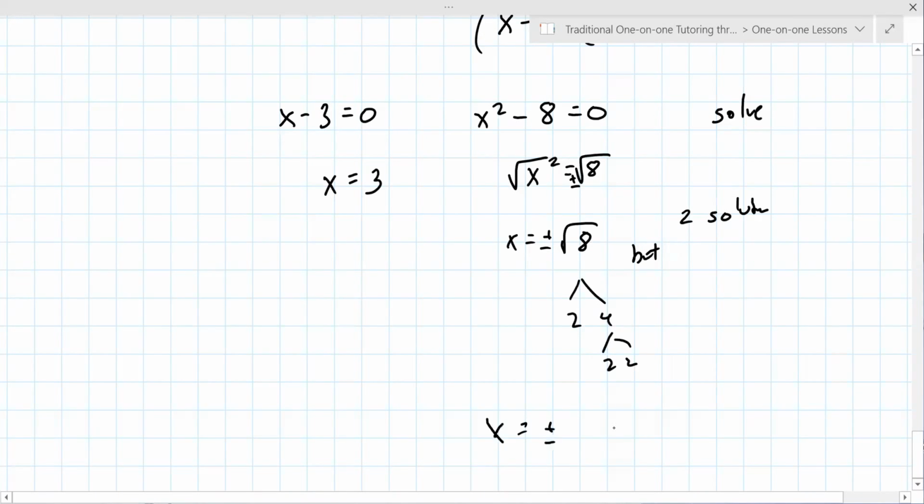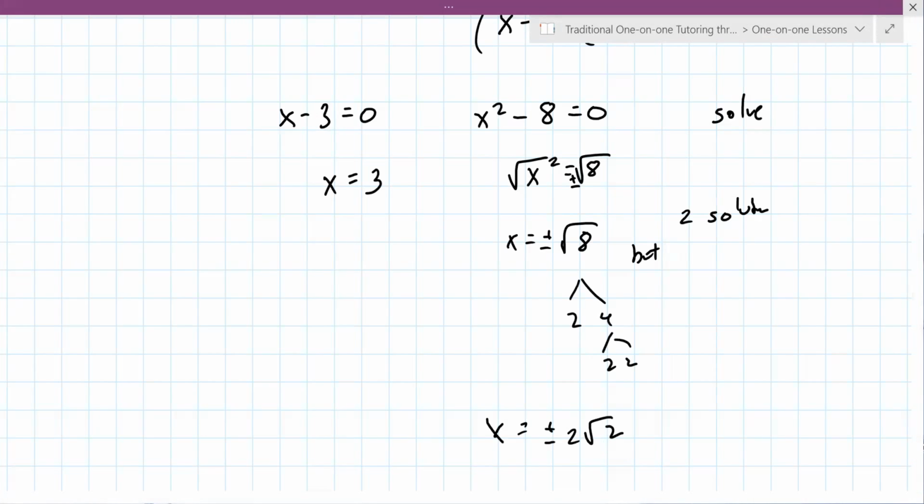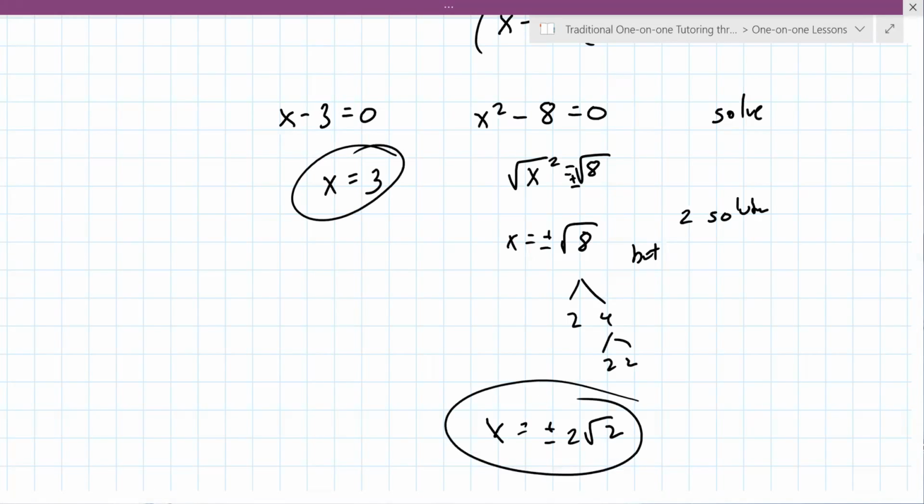So x equals plus or minus 2 square root 2. So these are your answers, three answers.